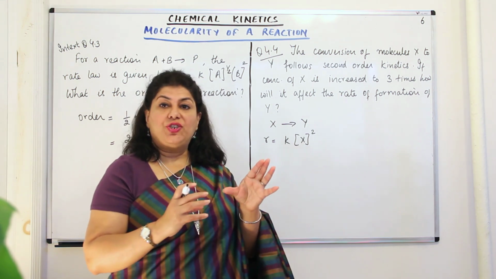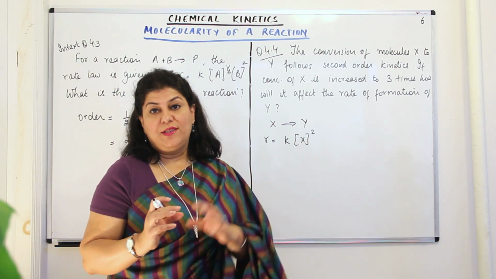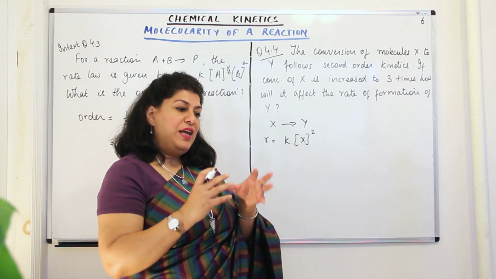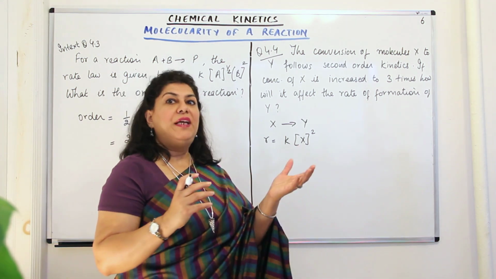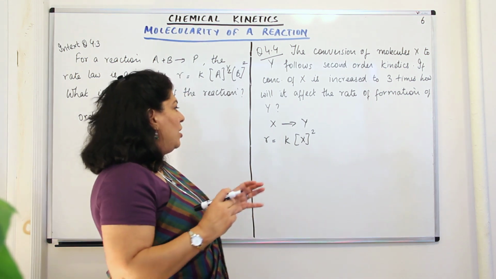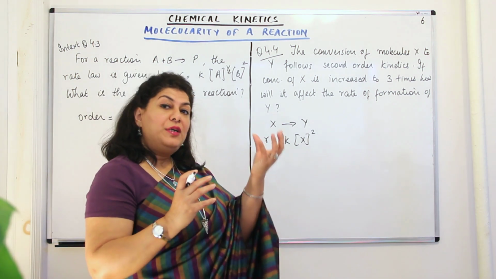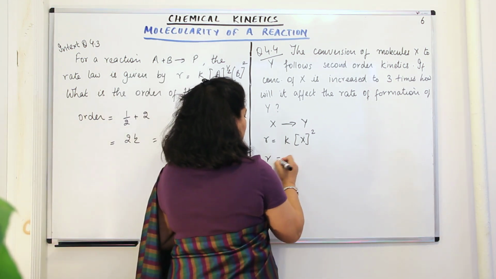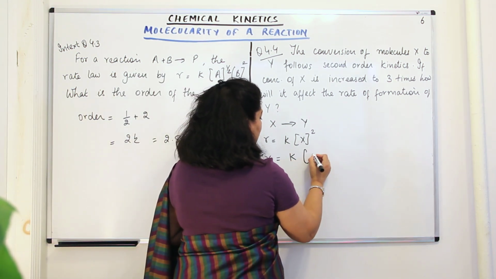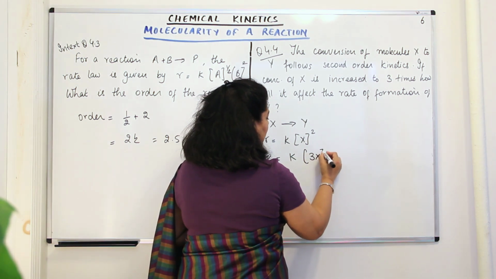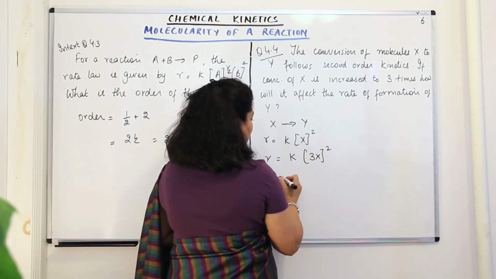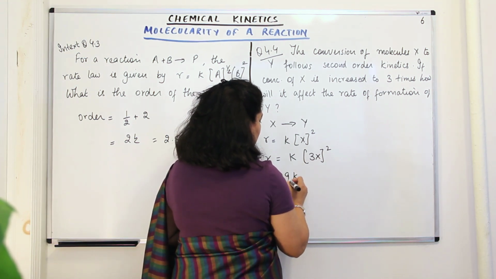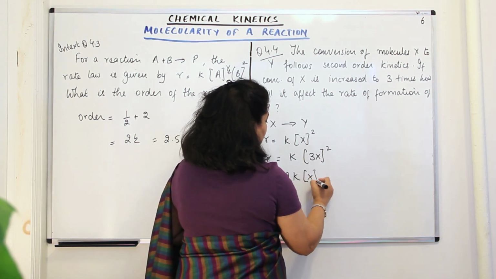X moles per liter was the concentration of the reactant X. If we multiply X by 3, it becomes 3 times. So now the rate after increasing 3 times will be equal to K, and X would be 3X. It will be K times 3X whole square, which is equal to K, 3 square is 9, so 9K X square.